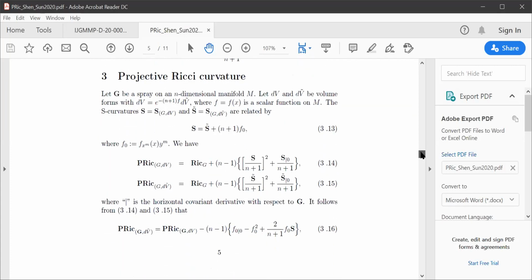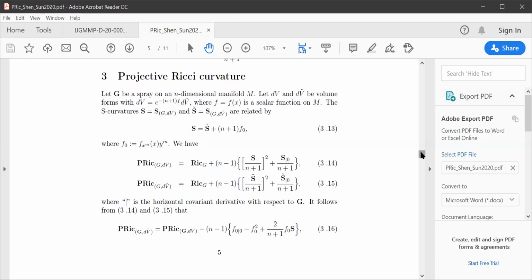The two are related by this equation. When you change the volume form, you just multiply the volume form by a scalar function. So if the volume form changes and the spray is not changed, then the projective Ricci curvature will be changed.